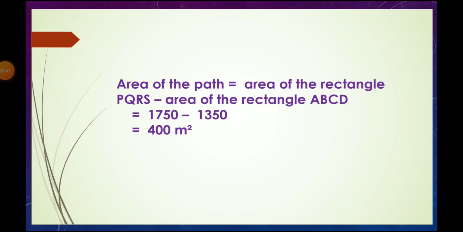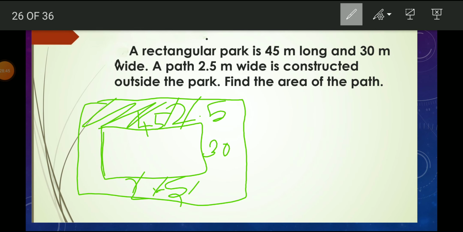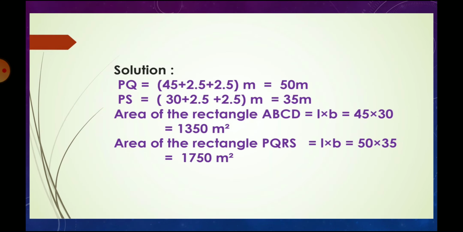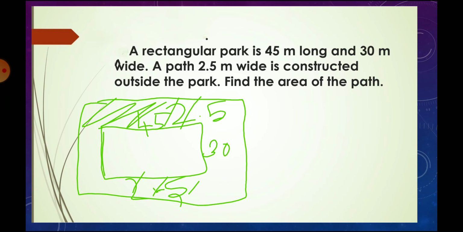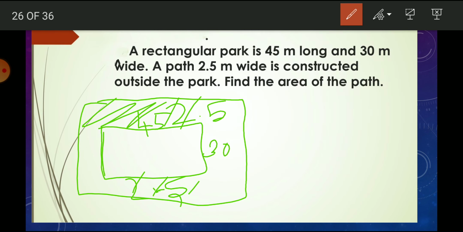Okay, so see, and one more thing, do you know why we add 2.5 two times? Yeah, I will explain here. Here this is 45 and 30. Okay, so on both sides they extend the path value.